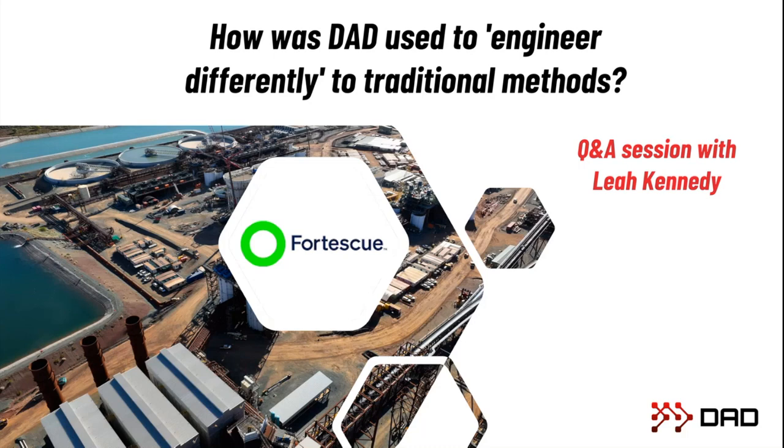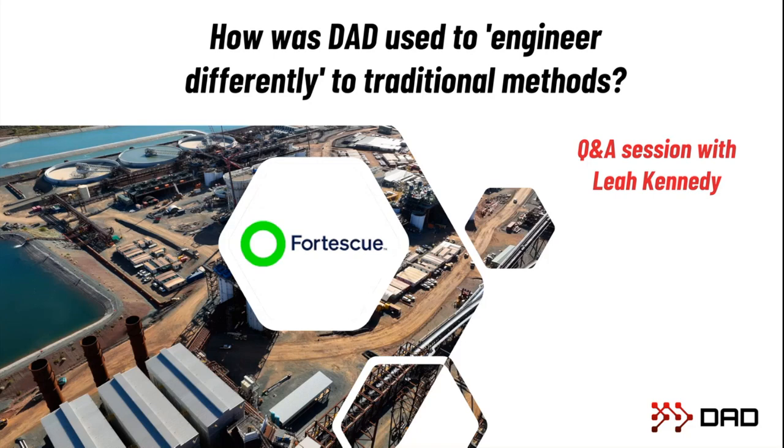Well, firstly, we probably produced very few drawing outputs. It really was about not producing any outputs, giving people access to the DAD model, and not having a whole host of deliverable drawings. This was a very large scale project.